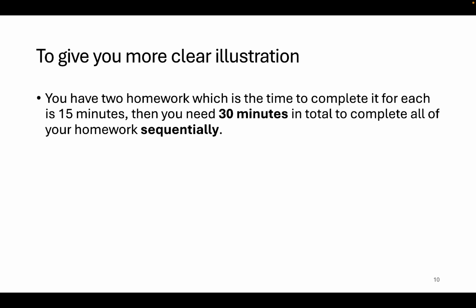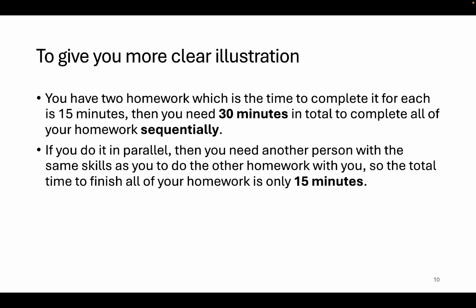Then you need 30 minutes in total to complete all of your homework sequentially. If you do it in parallel, then you need another person with the same skills as you to do the other homework with you. So the total time to finish all of your homework is only 15 minutes.